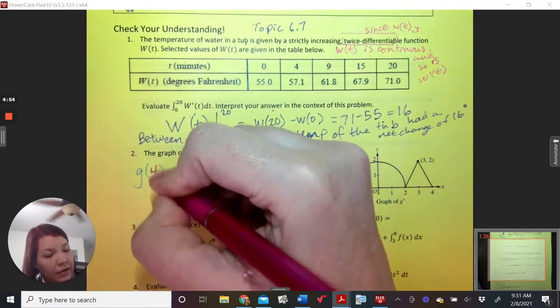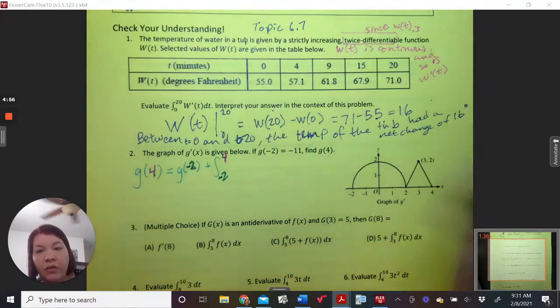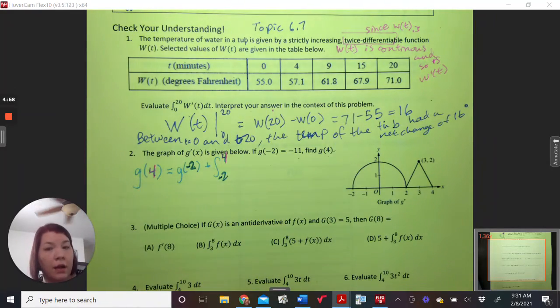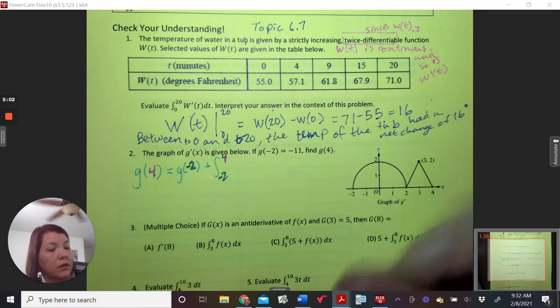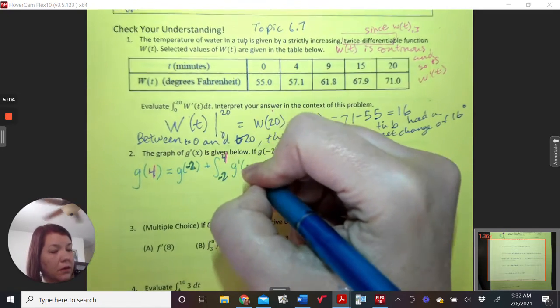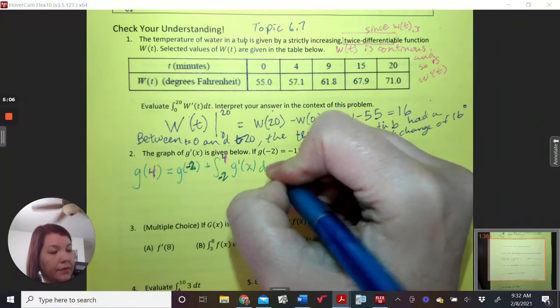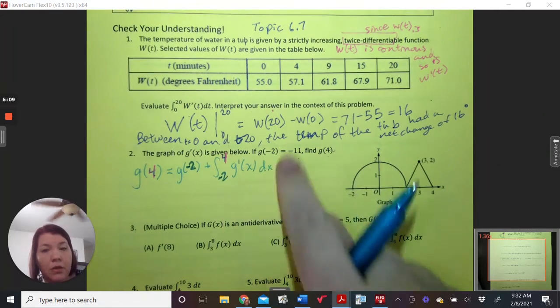So that's where everything goes in the interval, of g prime of x dx.